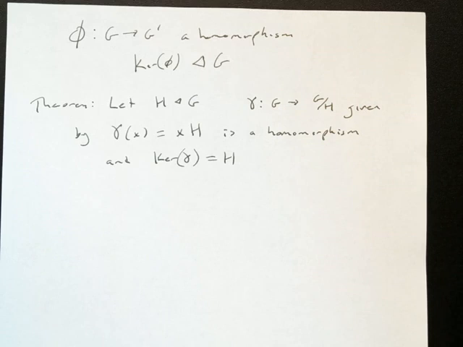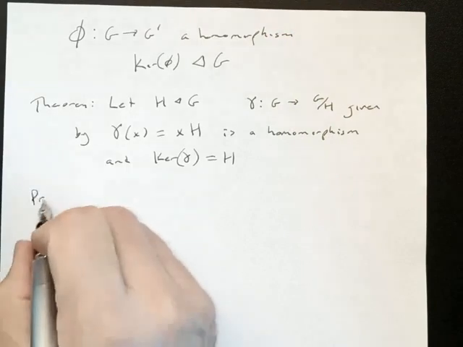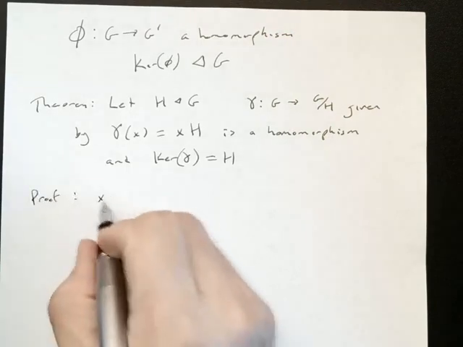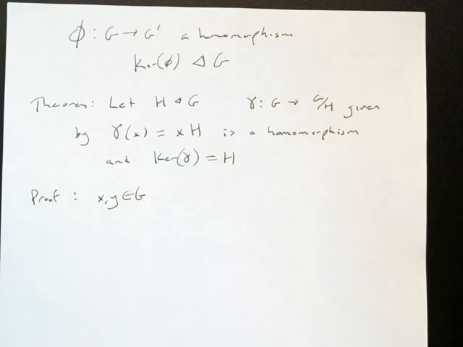By the way, the proof of that theorem is a whopping 2 lines. In order for me to have a homomorphism, I have to satisfy the homomorphism property.